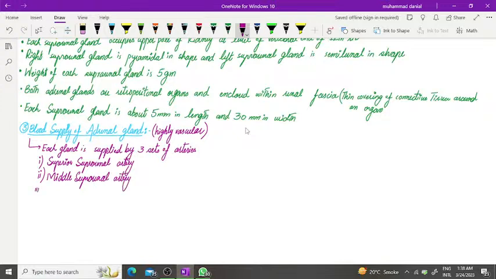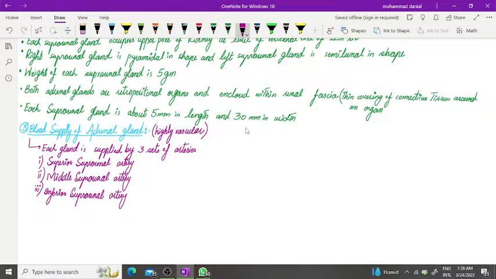And the third one is the inferior suprarenal artery. These are further branches of certain arteries.